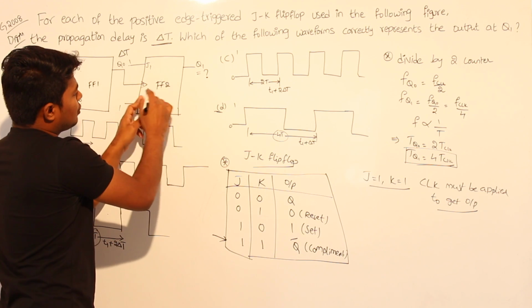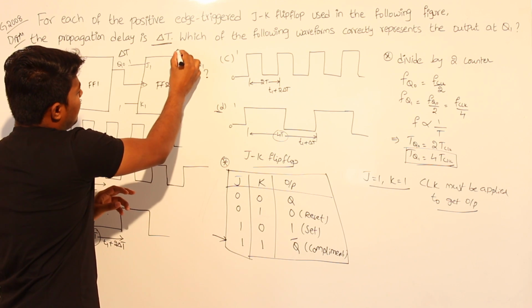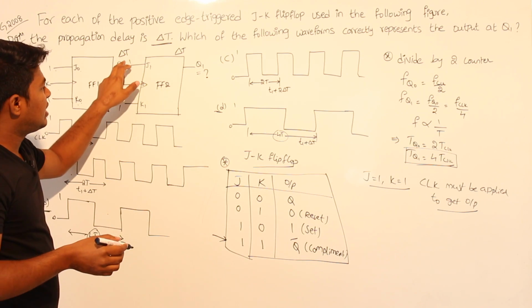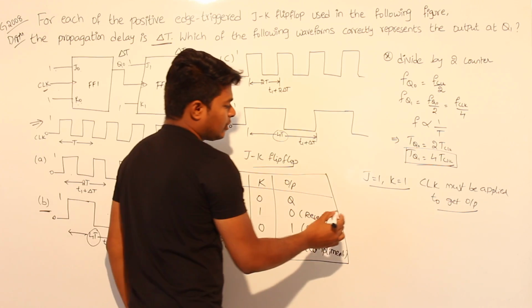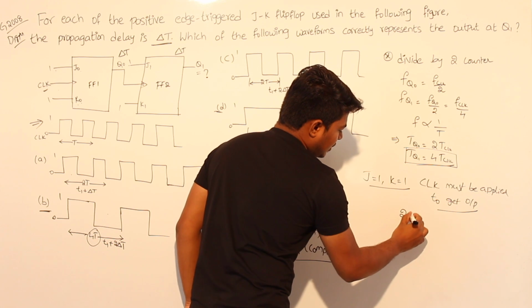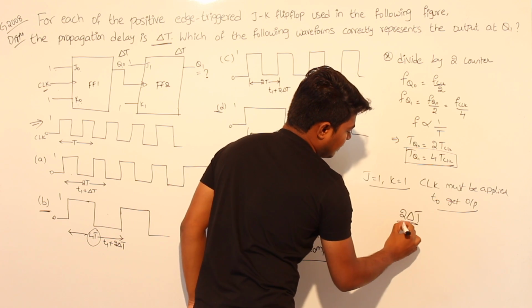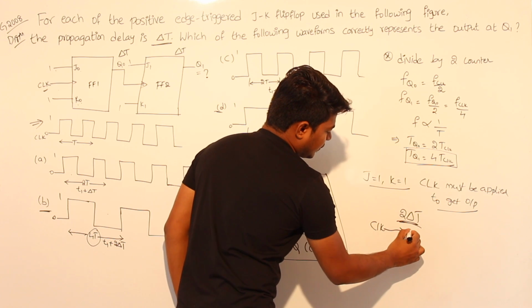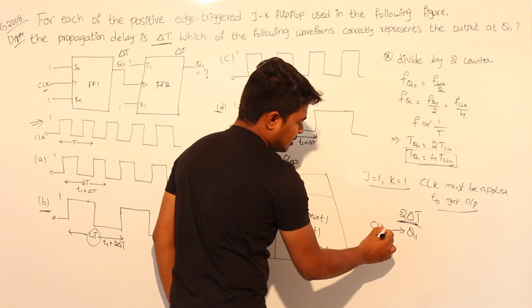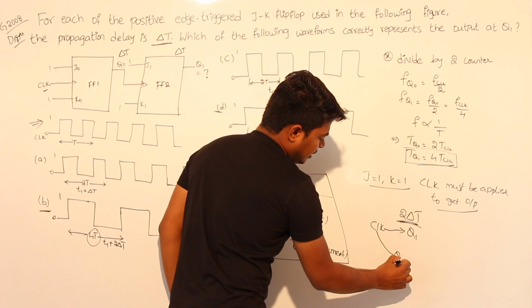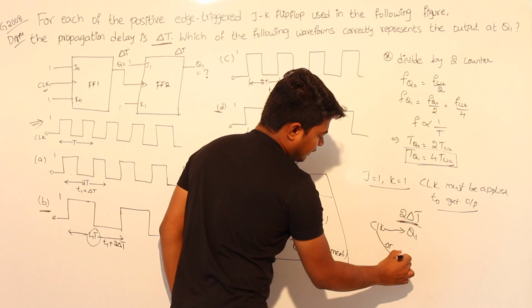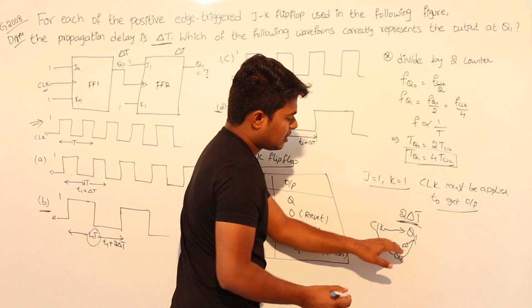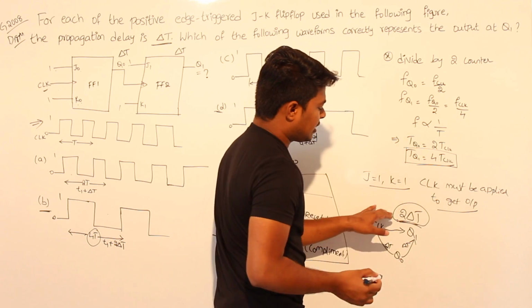For the signal to come to here, there will be another delta t propagation delay. So the total propagation delay is delta t plus delta t, which is 2 delta t. A 2 delta t propagation delay will be there for the signal to move from clock to Q1, because from clock to Q0 it is delta t, and for Q0 to Q1 it is delta t. So you need to add, and the total delay will be 2 delta t.